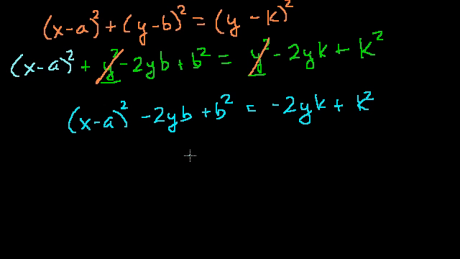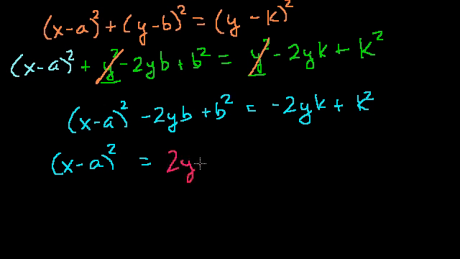Now what can we do? Let's take all the y's and the constants on one side of the equation. So if we move both of these terms onto the right-hand side, we want to add 2yb to both sides, so we get x minus a squared is equal to, I'm moving both of these terms to the right-hand side. If we add 2yb to both sides, then we'll have a positive 2yb on the right-hand side.